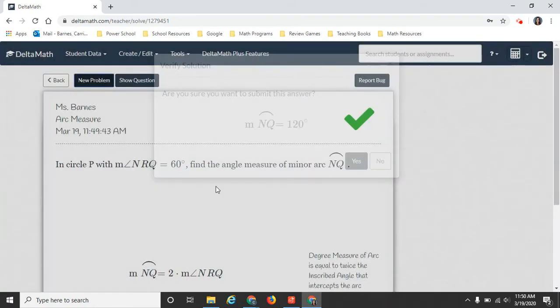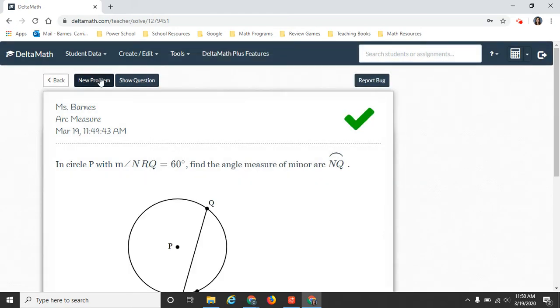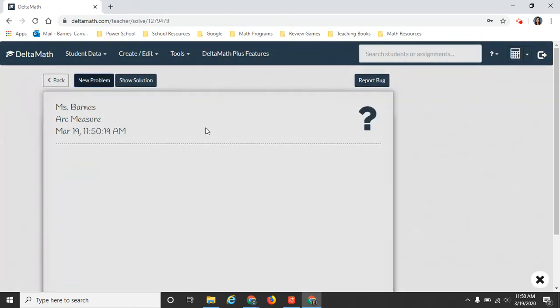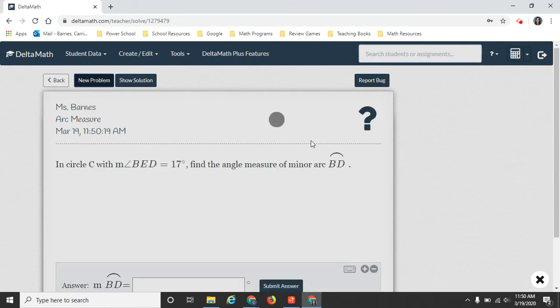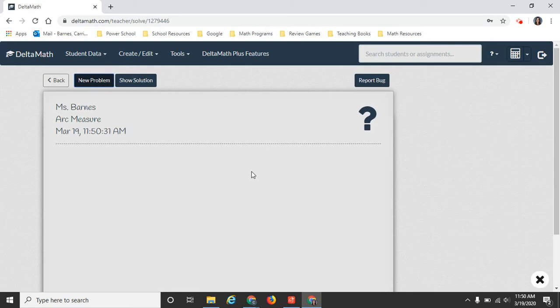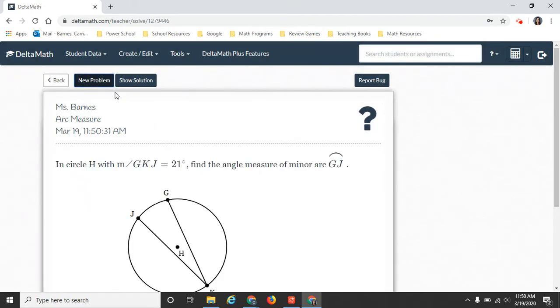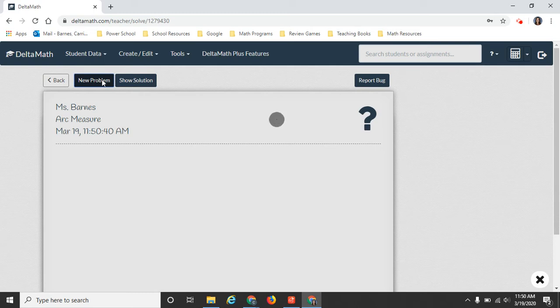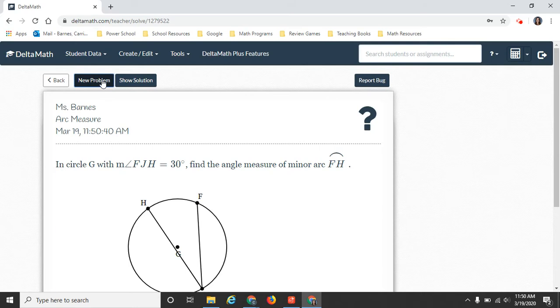So if you are given a central angle, it literally just equals the arc. So let me go back and see if I can find one. Still an inscribed angle.